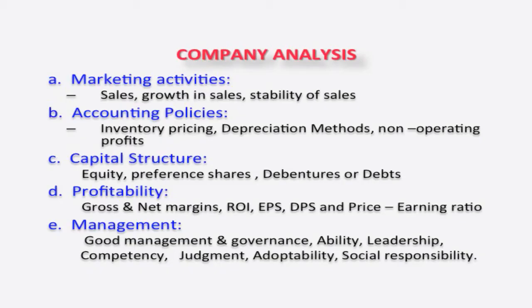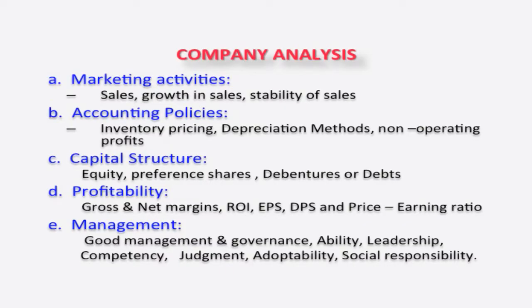Then the second one, the accounting policies, whether the business unit is following standardized accounting policies or not. So whatever policies are prescribed by the Financial Accounting Standards Board or International Accounting Standards Committee, whether the unit is following them or not. For that purpose, we have to concentrate more on inventory pricing, depreciation methods and non-operating incomes, because this type of information we can get through financial statements.